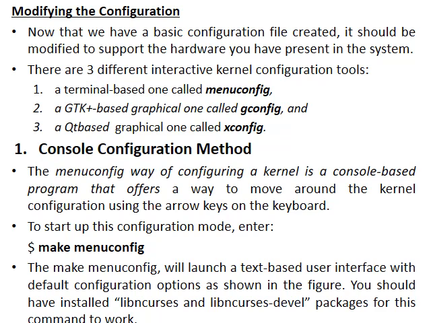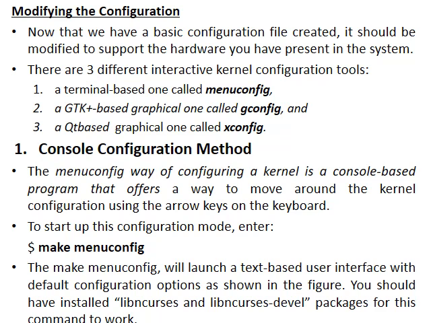For that, three different interactive kernel configuration tools are available. Number one is the terminal based one called menuconfig. Number two, a GTK+ based graphical one called gconfig, and the third one is a Qt based graphical one called xconfig.